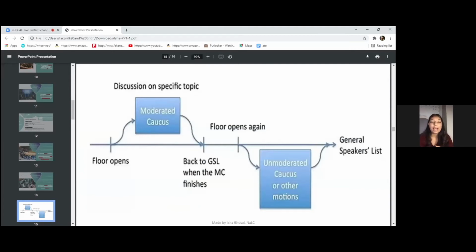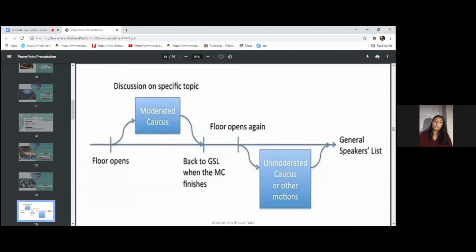So we need to get back to GSL. Then again, after, let's say, 2-3 delegates speak on their topic for GSL, the floor opens again. Then you can raise an unmoderated caucus, or a moderated caucus. Then again, GSL happens. So it goes like that. GSL always comes back because we are only suspending it for a total time period for either a moderated or unmoderated caucus.